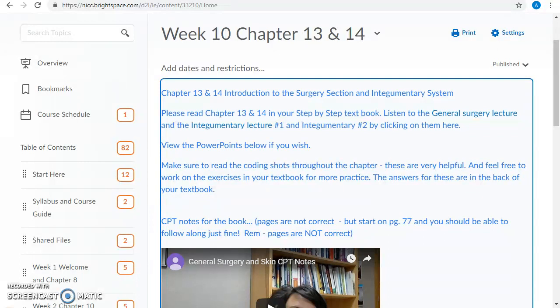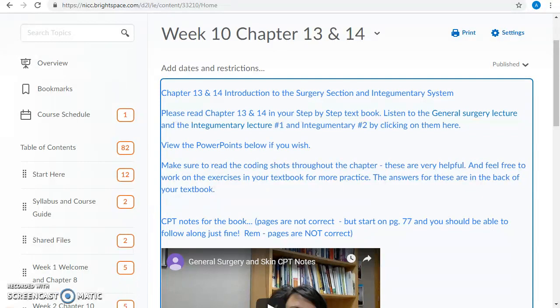The code selection is determined by, you measure the greatest diameter of the lesion, the greatest diameter, plus any margins. So the greatest diameter plus any margins is how you code the removals.